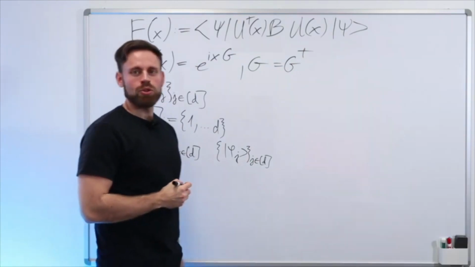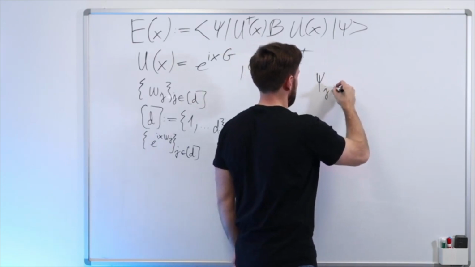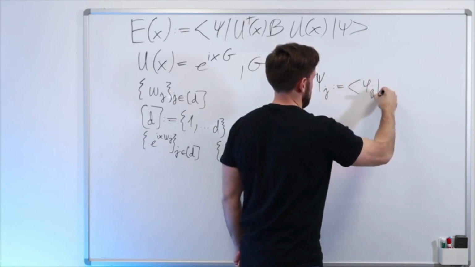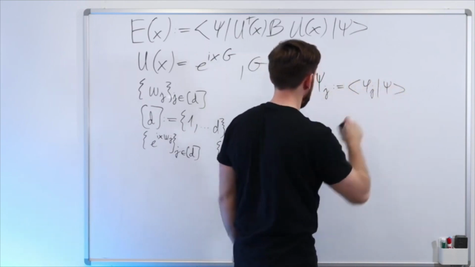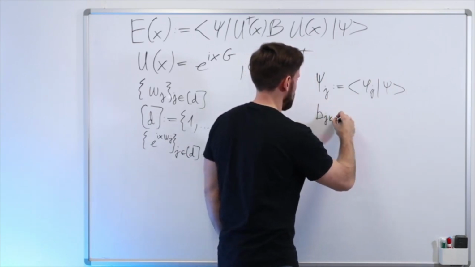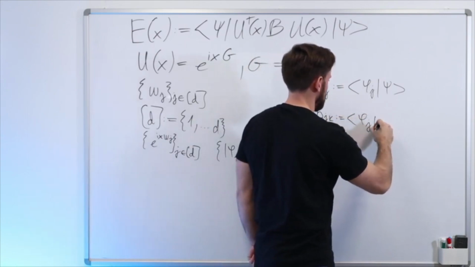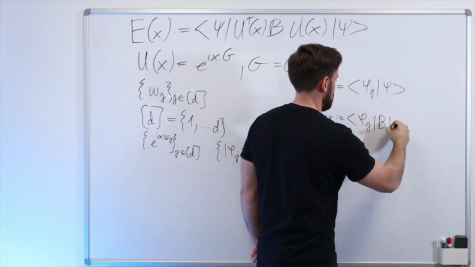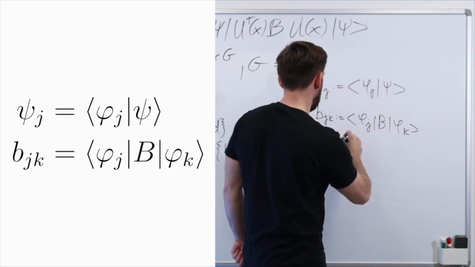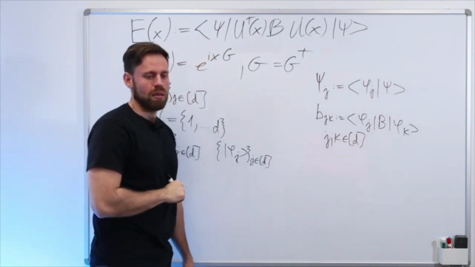At this point, we will introduce two more definitions, one of which is going to be psi j, which is going to be defined as bra phi j, ket psi, and also b jk, such that this is going to be equal to bra phi j, B, ket phi k, such that j and k are from this square bracket D set.